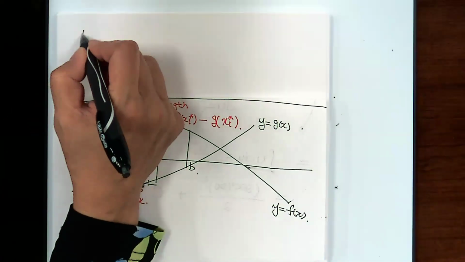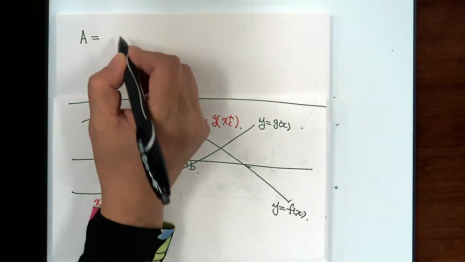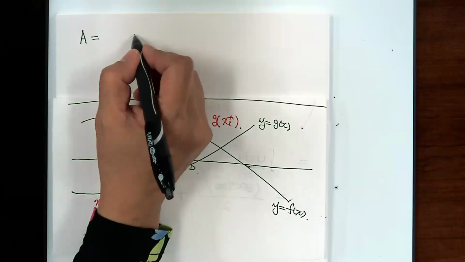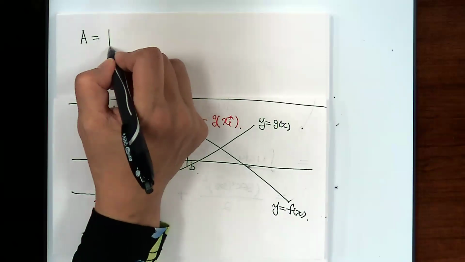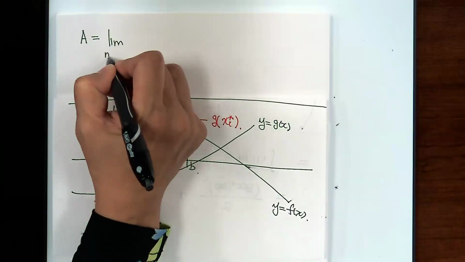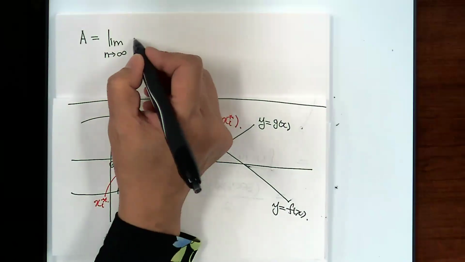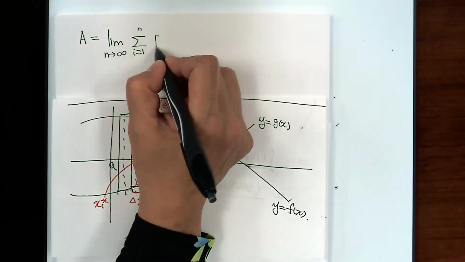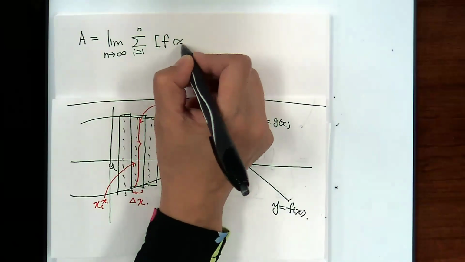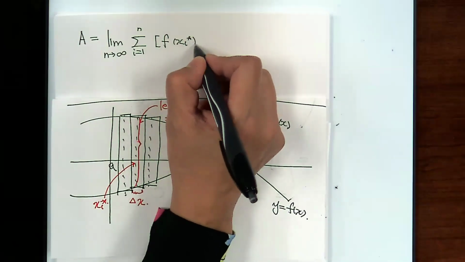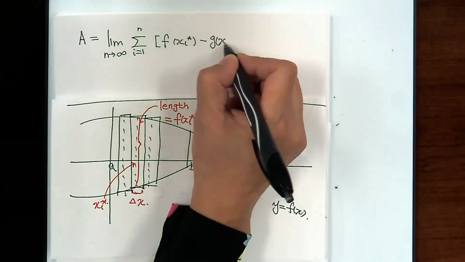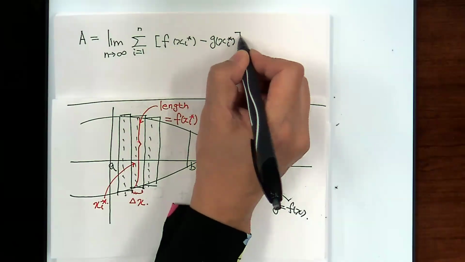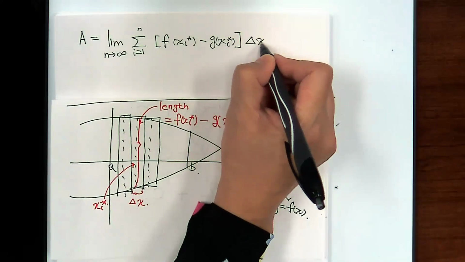So we can say that A equals the limit as n goes to infinity of the summation i equals 1 to n of f of xi star minus g of xi star times delta x.